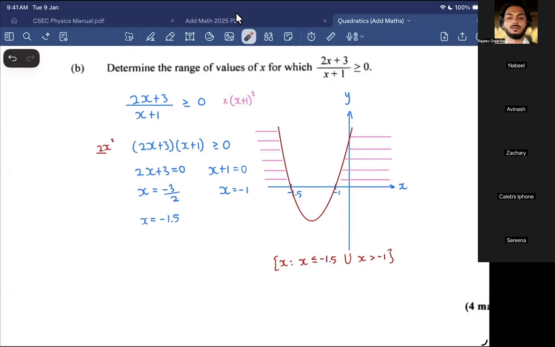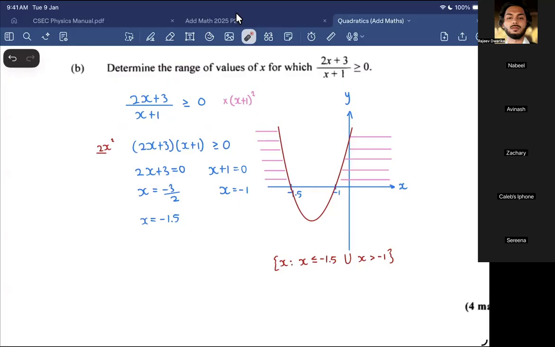So technically, it's supposed to be equal to, but look at the original thing. What is in the denominator? X plus 1. Right. What value for x will make the function undefined? -1. Right, so we can't include -1 in my answer then, because if x is -1, it would make the function undefined. So I could only say x is more than -1.